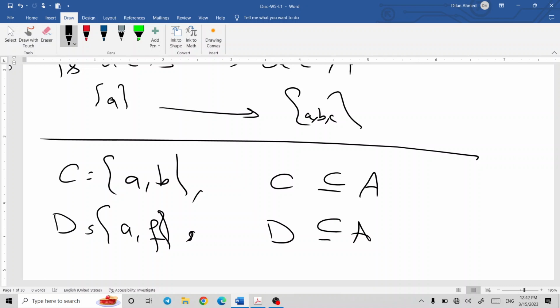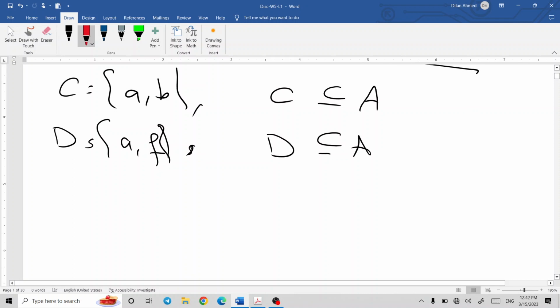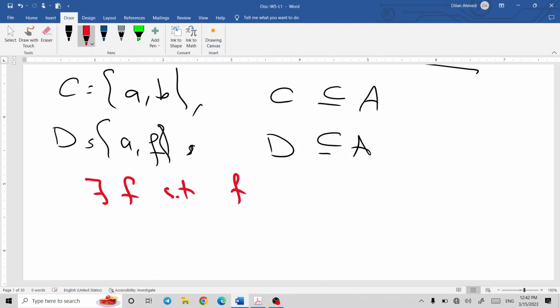No. Why? Because if there exists one element that makes your definition false, all will be false. So we have at least one element, f, such that f belongs to D, but f does not belong to A. Am I right? That's it.